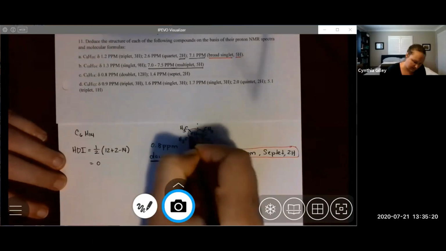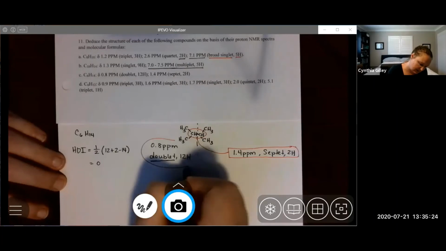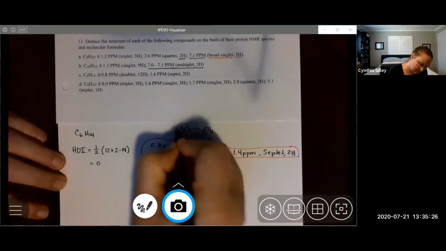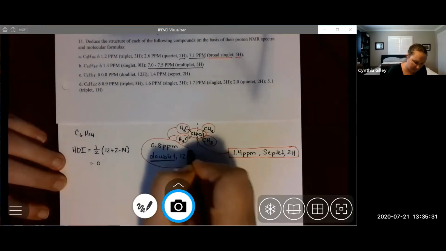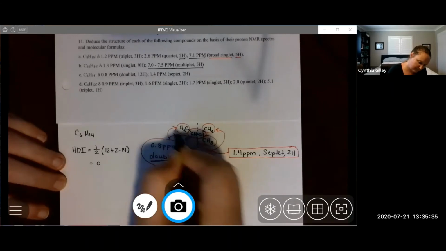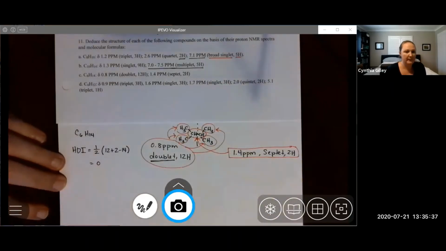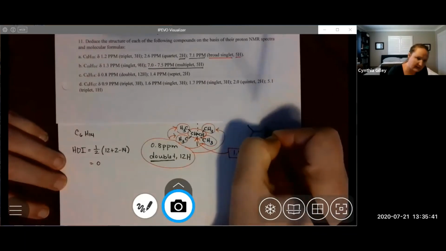And this signal is for the methyls, right? Okay. All right, so kind of drawing it a little prettier might look something like that.